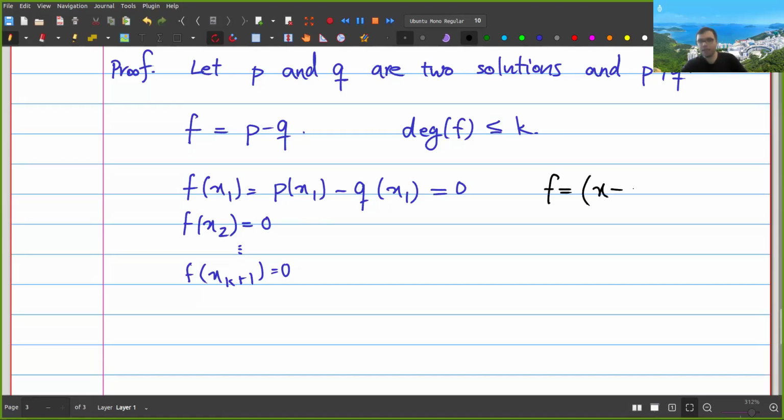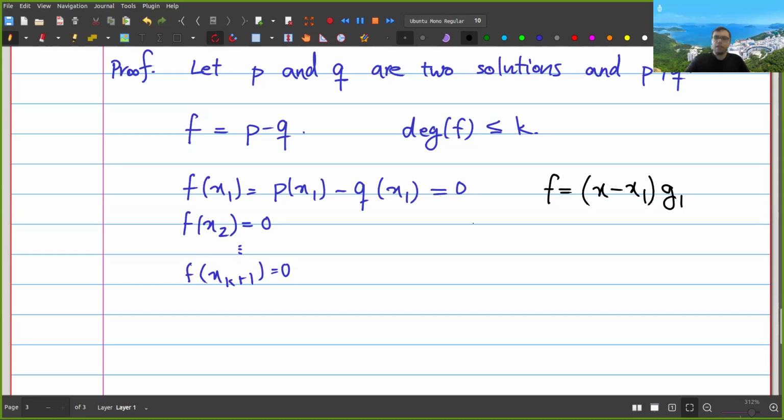It can be written as x minus x1 times something else. Let's call that g1. So this is just polynomial division, right? So I can divide f by x minus x1, and I will not have a remainder because f of x1 was 0.